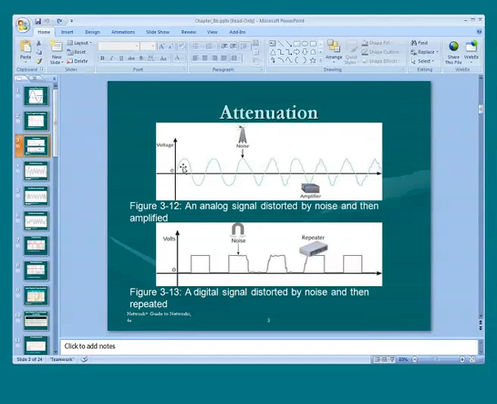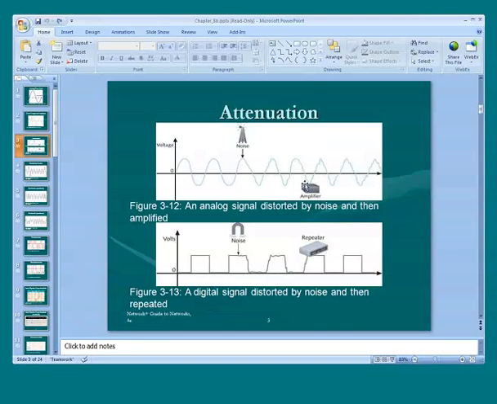The top graph represents an analog wave. And we see as signals, whether they are analog or digital, travel along a medium, that signal tends to break down or lose its original consistency, and we call that attenuation.